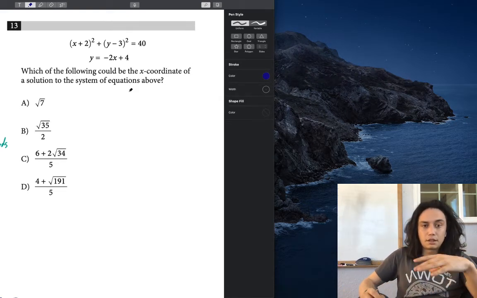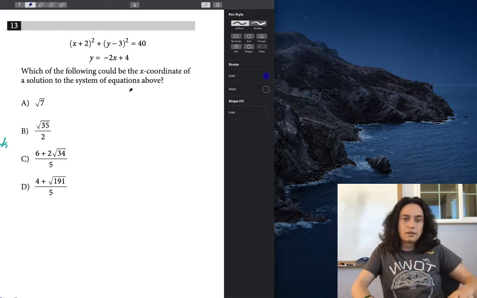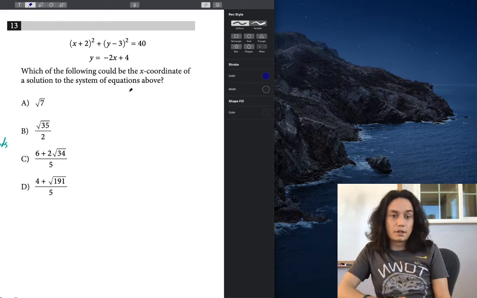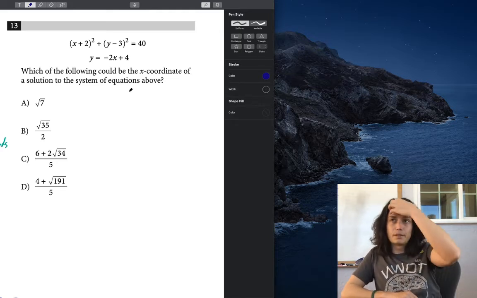If it looks like I have no idea how to do this question, I should consider skipping it and spending more time on the other questions that I do know how to do better.